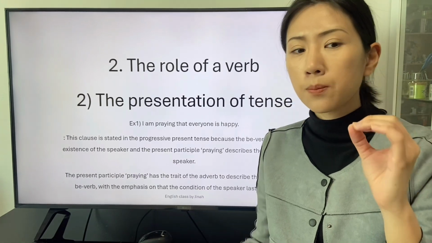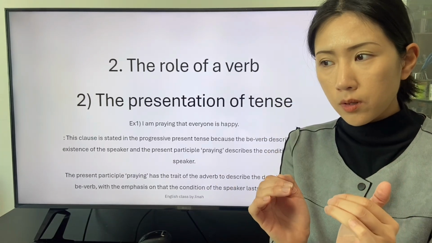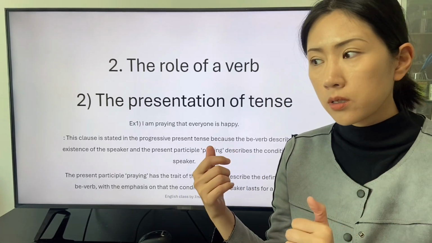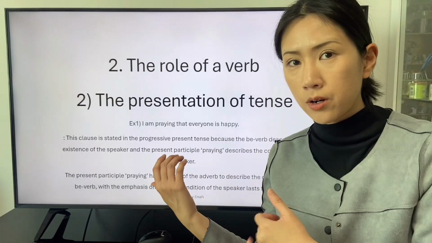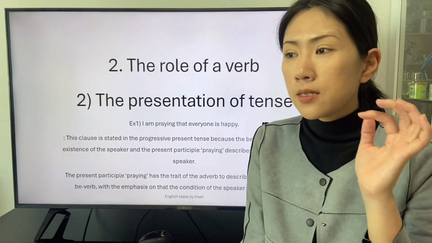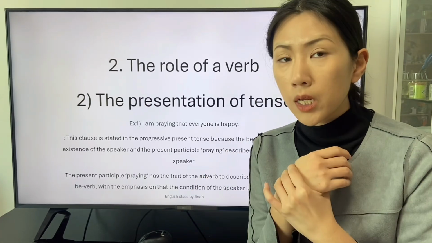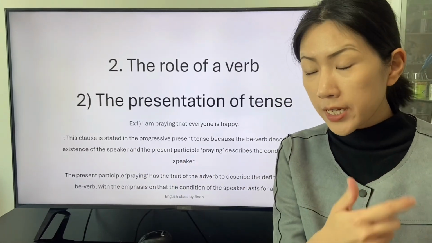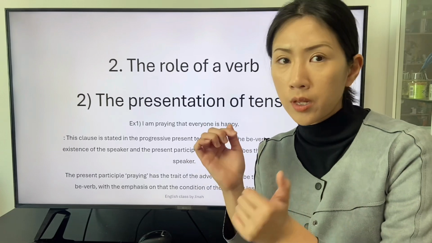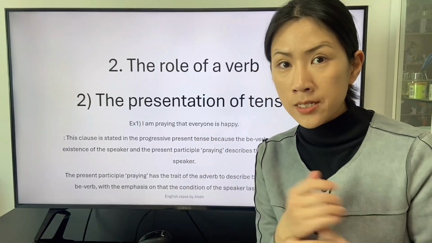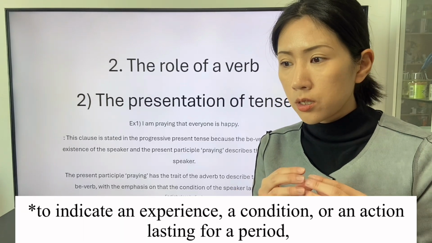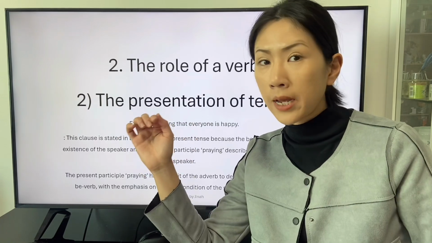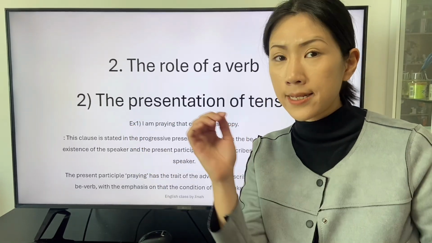We can notice that the form of a verb with ing at the end of the verb means that the definition of the verb lasts for a period. When the converted form of the verb with ing functions as a noun, the converted form of the verb with letters ing is called a gerund.